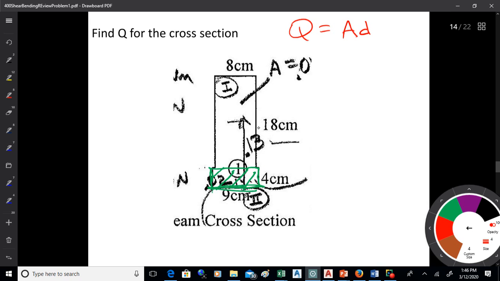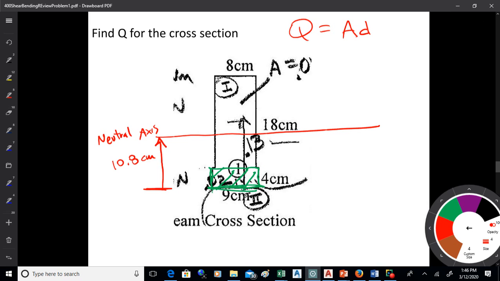I always like my pictures. It's the neutral axis. Getting 0.003168.